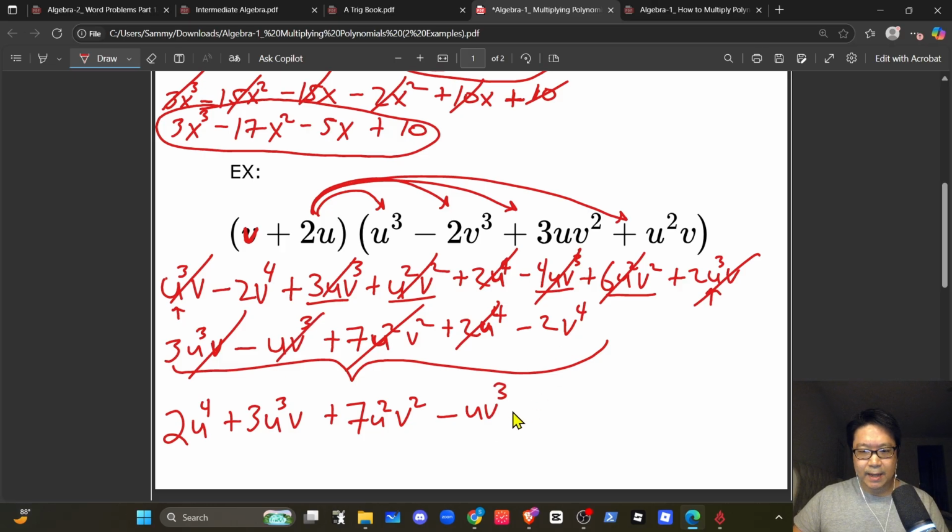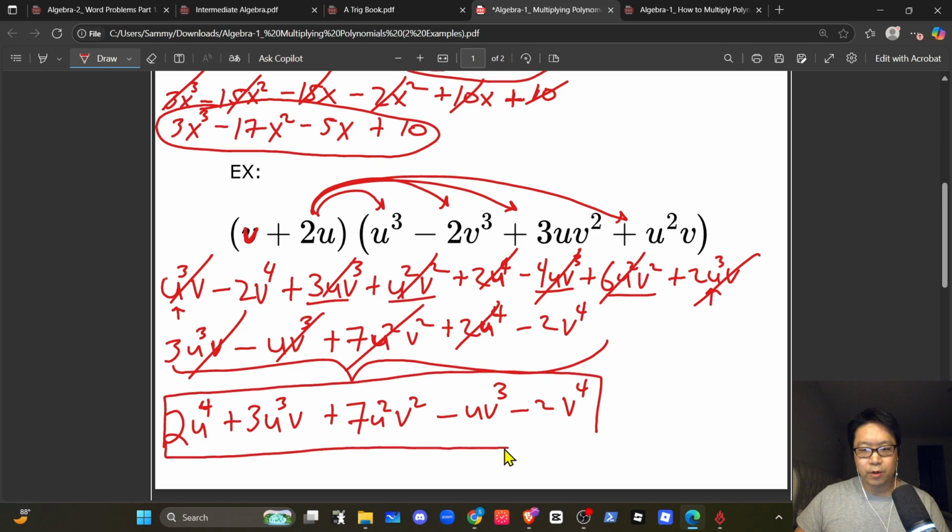And then I have this negative 2v to the fourth power. Notice how the exponents of u are arranged in decreasing order. I have a 4 here, a 3, 2, 1, and 0. So this would be the proper way to rearrange your answer for your teacher. And that's it.